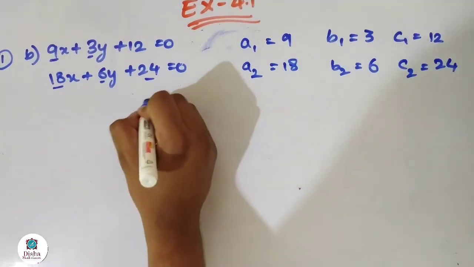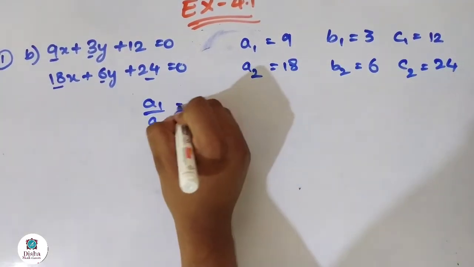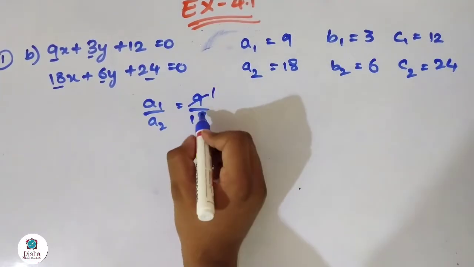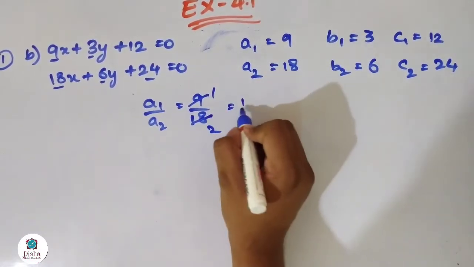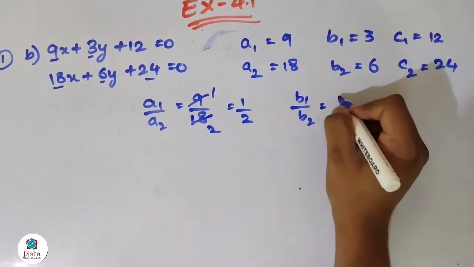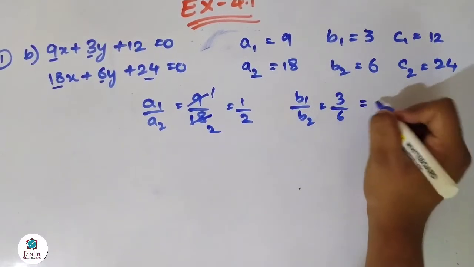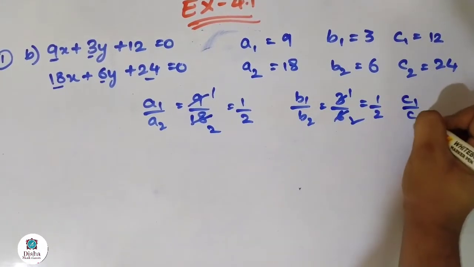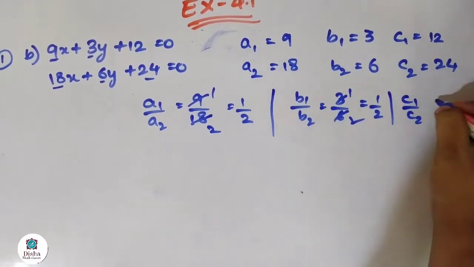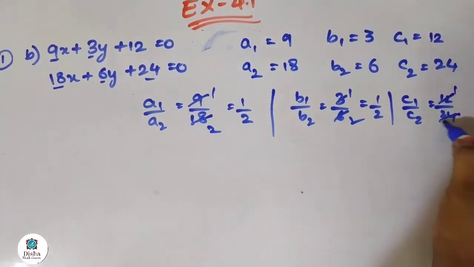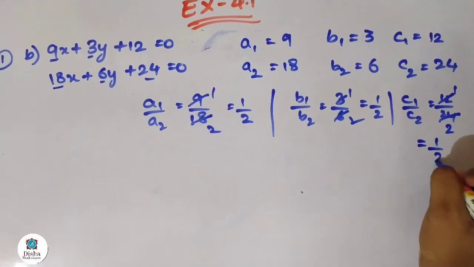Now a1 by a2 will be 9 by 18. So 9 ones are 9, 9 twos are 18, so 1 by 2. b1 by b2, 3 by 6. So 3 ones are 3, 3 twos are 6, 1 by 2. c1 by c2, 12 by 24. 12 ones are 12, 12 twos are 24, that is also equal to 1 by 2.